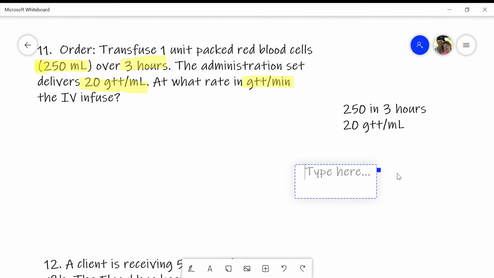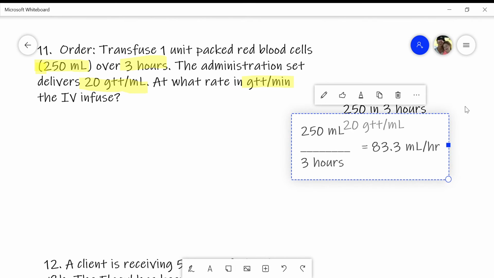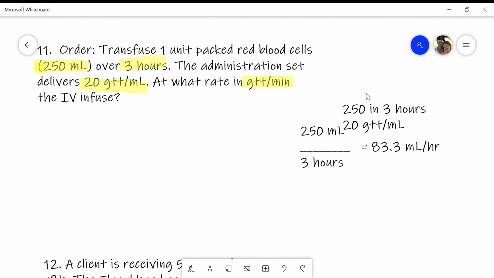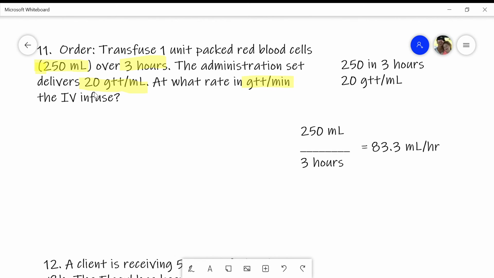So if we divide the 250 milliliters by 3 hours, that's going to give us our rate per hour, which is going to be 83.3 milliliters an hour. Nope, because we got to find the GTT a minute.